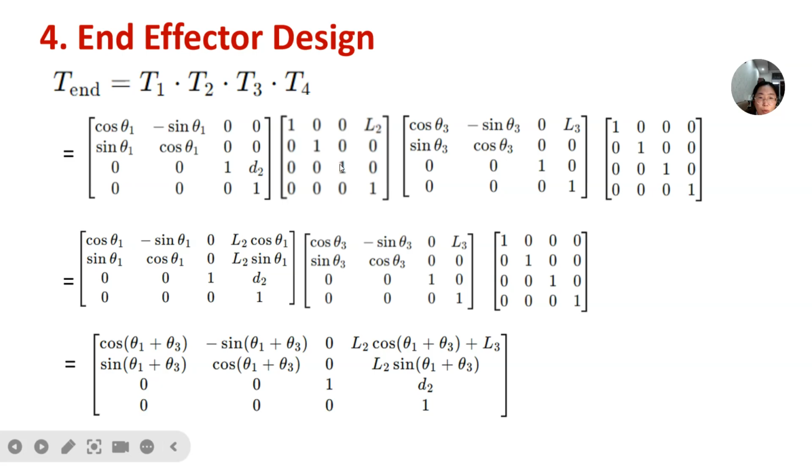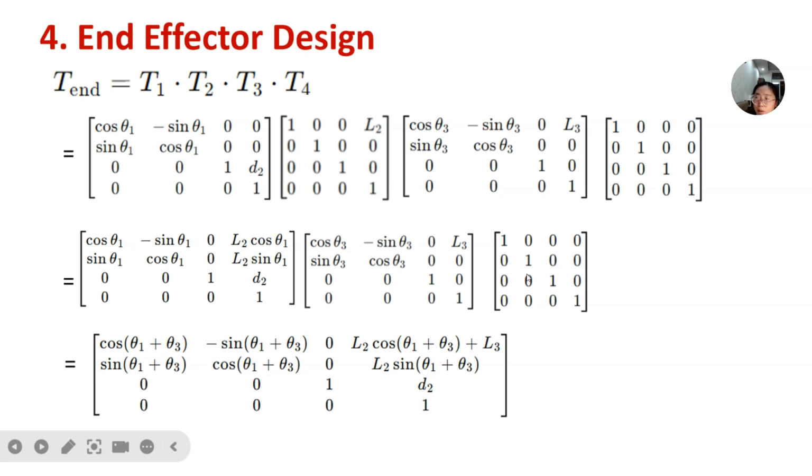T1 multiply T2 equals cosine theta 1, minus sin theta 1, 0, L2 cosine theta 1; sin theta 1, cosine theta 1, 0, L2 sin theta 1; 0, 0, 1, d2; 0, 0, 0, 1.